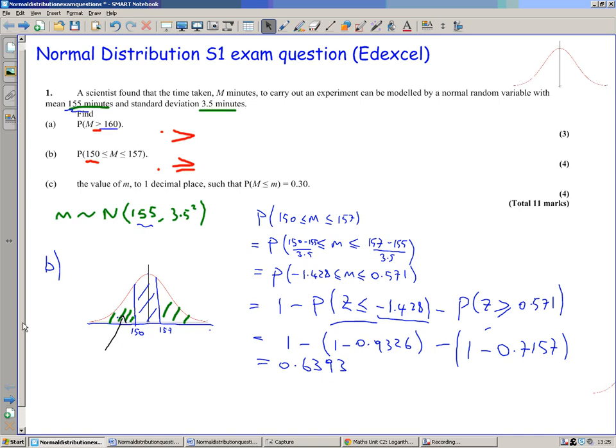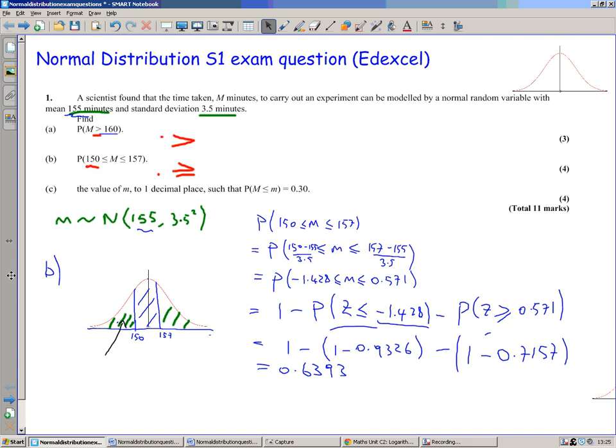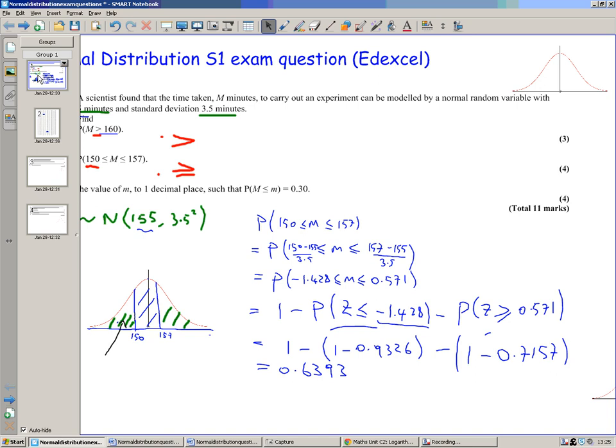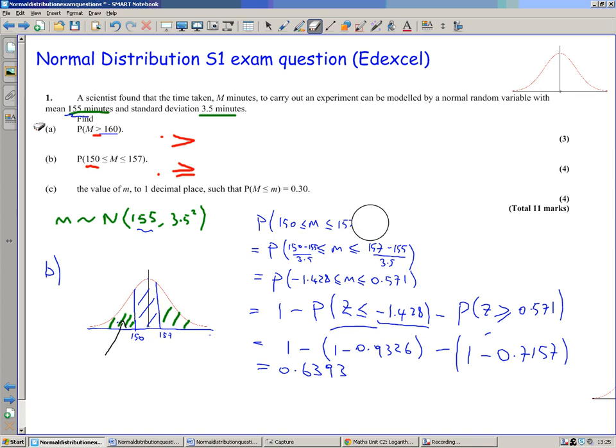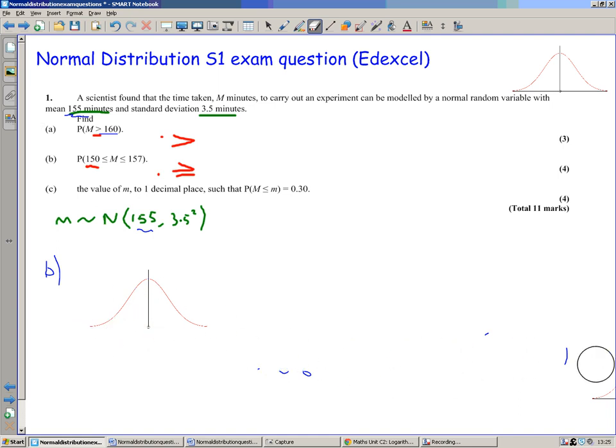So if we're looking at part C, again, first inclination is to draw a diagram, get a picture of the kind of number we're looking for.